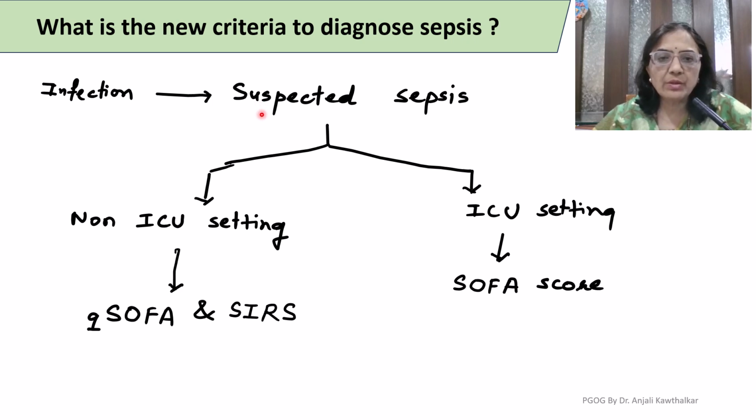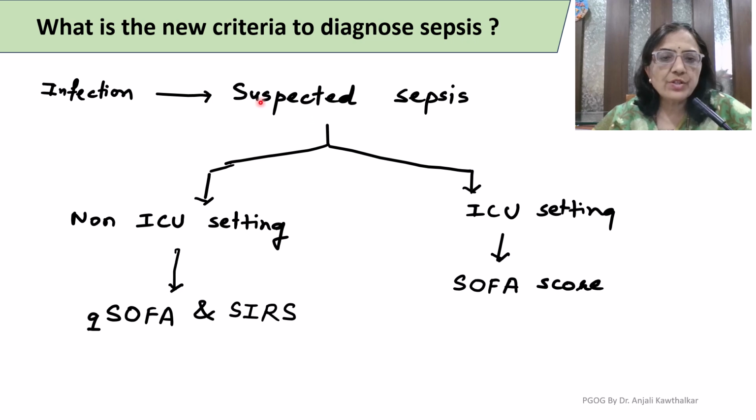I have even seen a patient of a breast abscess going for mortality with development of a septic shock. Very unfortunate, but any infection during pregnancy can proceed to sepsis, and if it remains untreated or neglected, it can go for a septic shock also.